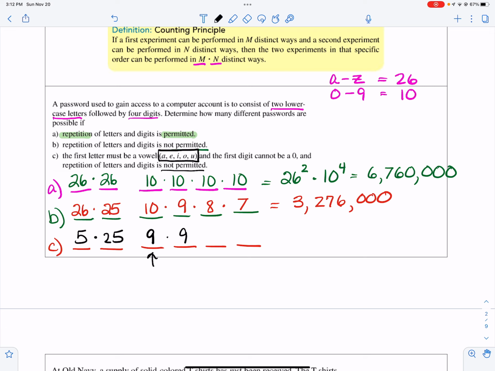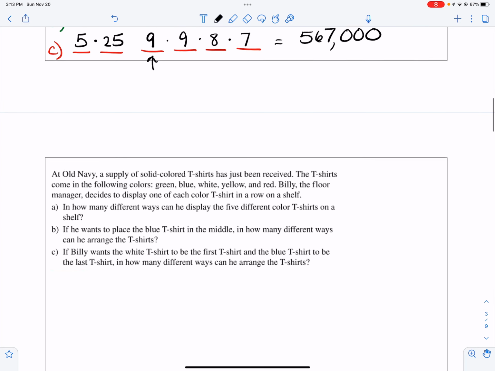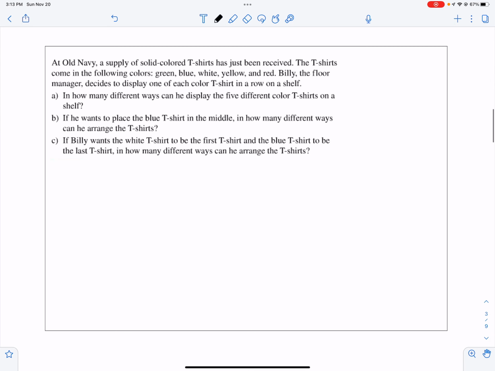We take out another number, then we've got 8 choices. We take out another number, and then we've got 7. So we've got 567,000 possible ways that we can create that password. Okay, so it's looking for restrictions in those examples.